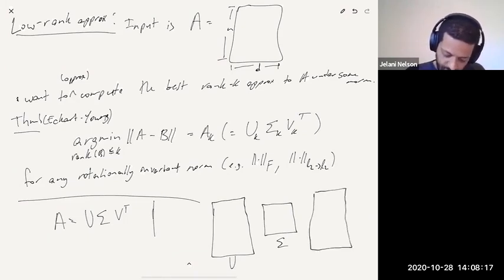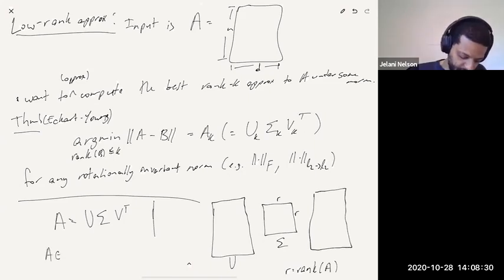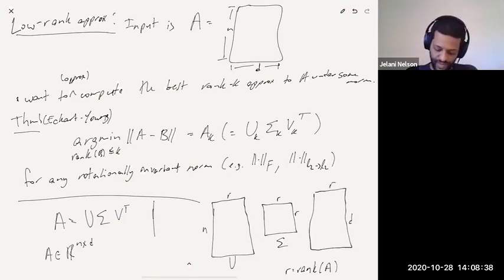What are the dimensions of sigma? As I've been talking about before, sigma is R by R, where R is the rank. Let's say A is N by D. Then U would be N by the rank, and V would be D by the rank.